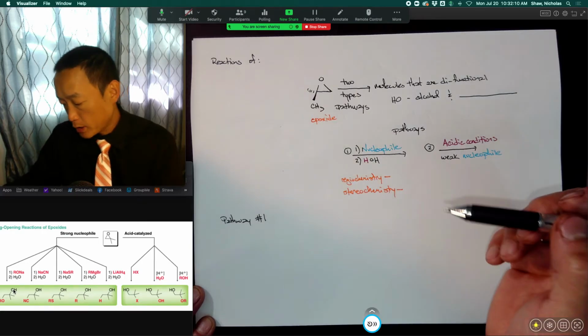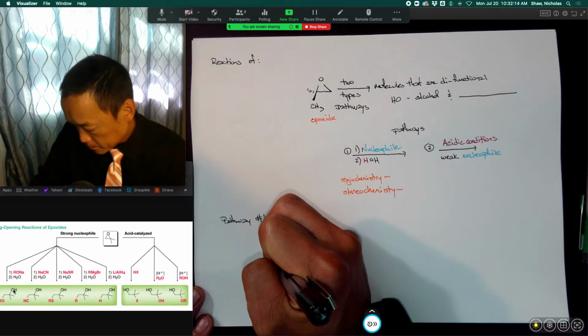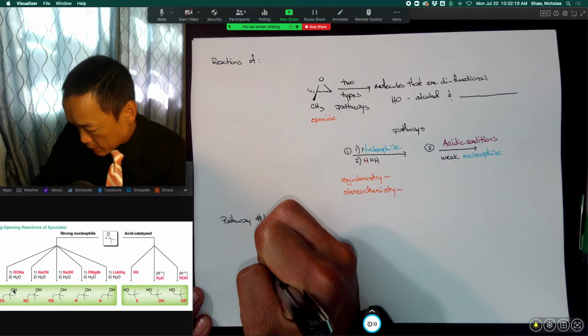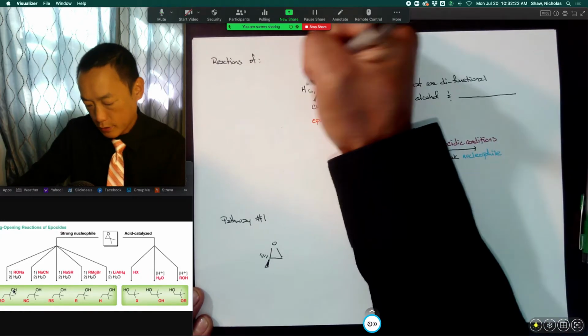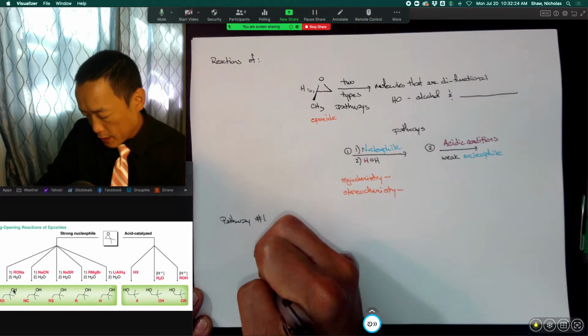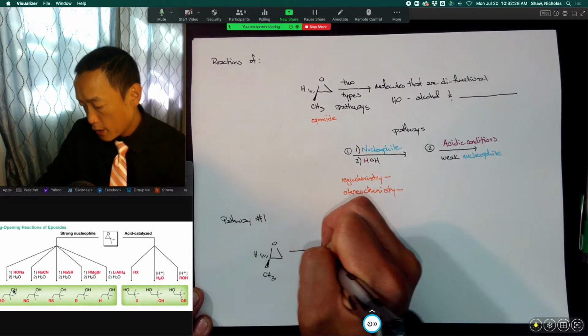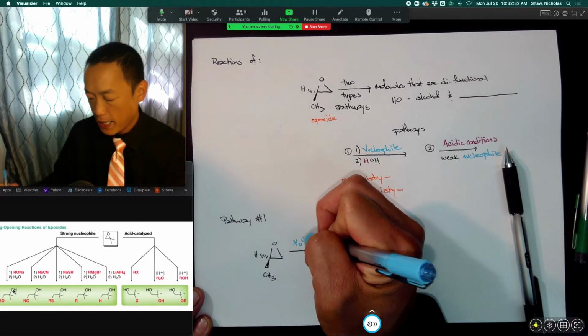Pathway 1. We have an epoxide that we could potentially react. Let me change this up here to a hydrogen. We have an epoxide that could potentially react with a nucleophile. And so I'm going to denote that nucleophile as Nu with a minus.